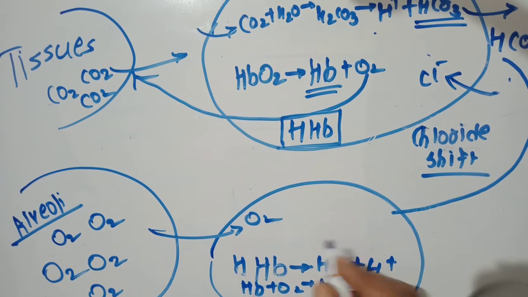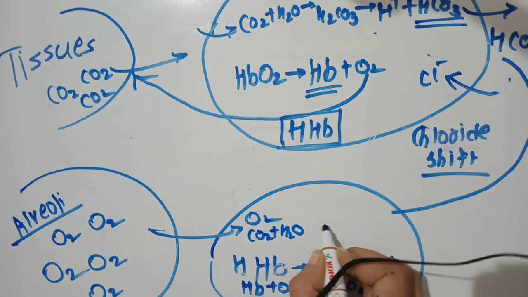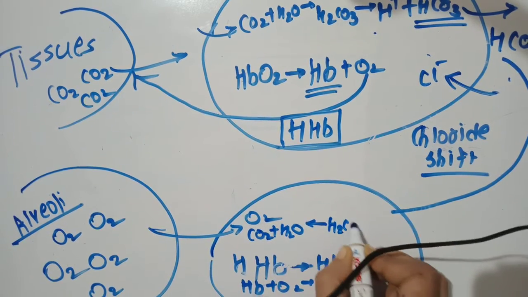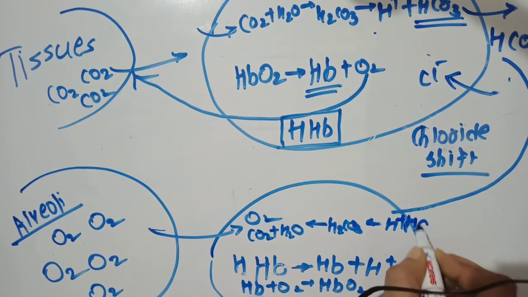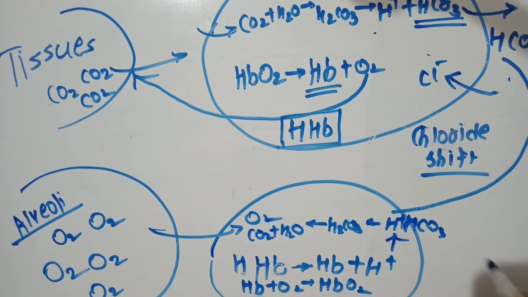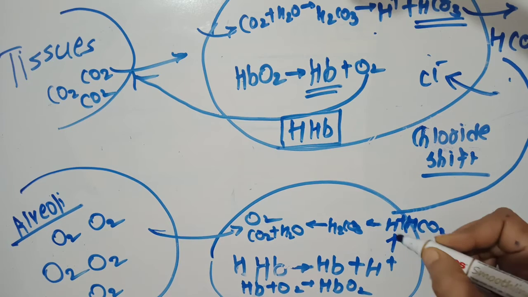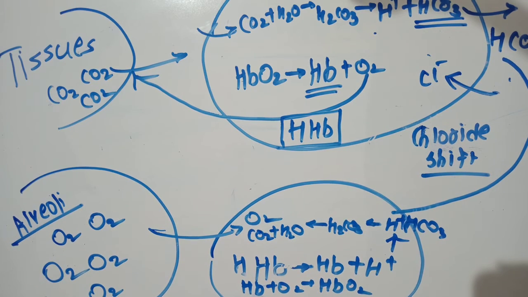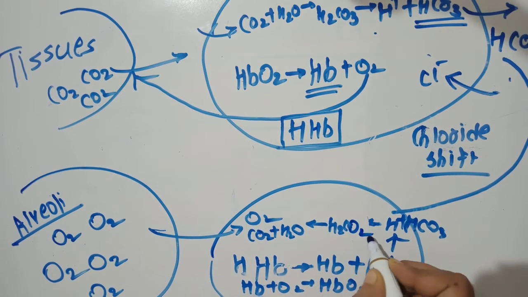And what happens here to CO2 plus H2O, H2CO3, then H plus and HCO3 minus? As the hemoglobin is getting dissociated from the hydrogen, the hydrogen concentration is increasing. As you know from Le Chatelier's principle, a chemical equilibrium tries to maintain the concentrations of reactants and products.